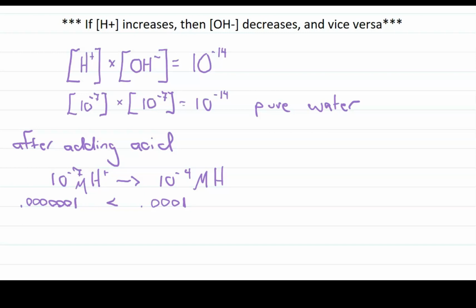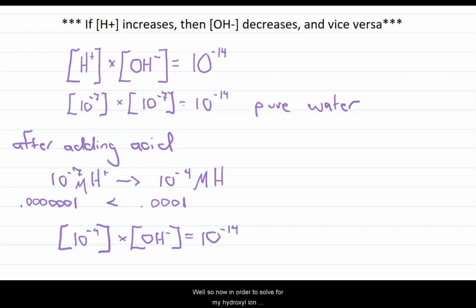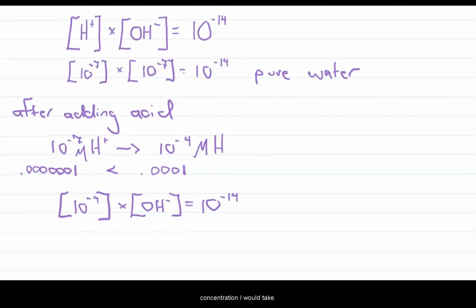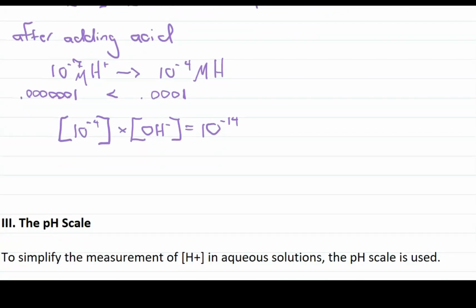Well, if my H plus is 10 to the minus 4, I multiply that by my OH negative to get 10 to the minus 14. So in order to solve for my hydroxyl ion concentration, I would take 10 to the minus 14, divide that by 10 to the minus 4.